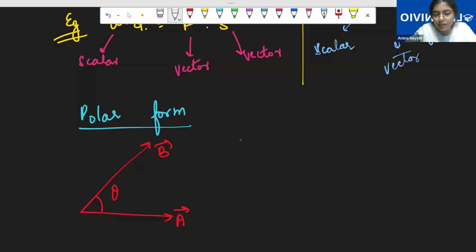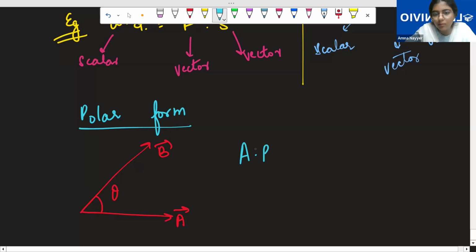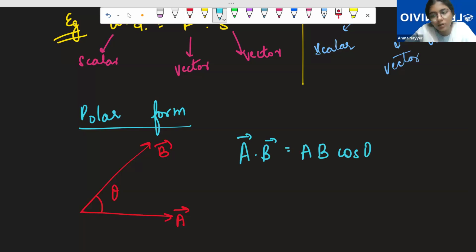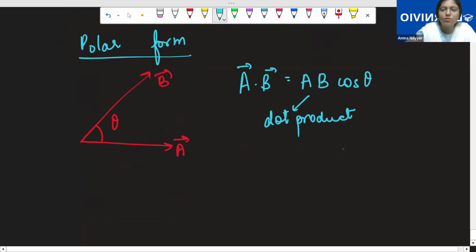For the dot product, take the magnitude of A, take the magnitude of B, and multiply it with cos theta. That is what your dot product is equal to. This is basically how you open up the dot product. A dot B is magnitude of A, magnitude of B into cos theta. That's it. Very easy, very simple to solve.